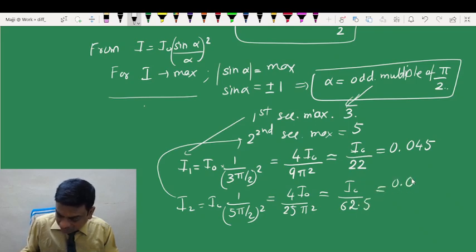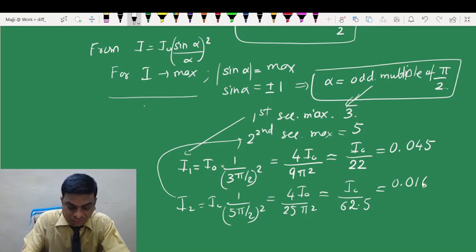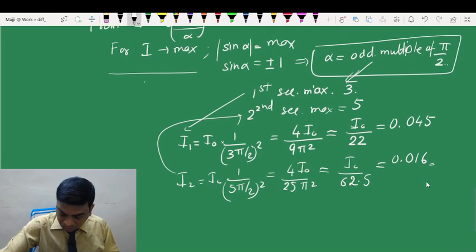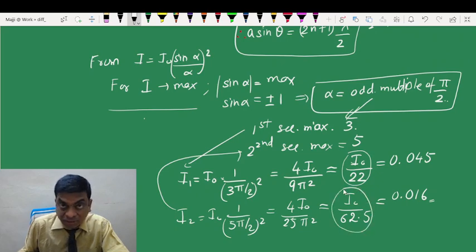So this is around 0.016 if I am not wrong. Let me check. Yes. So if I naught is the intensity of the central maximum, then the intensity of the first secondary maximum will be this, and of the second secondary maximum will be this. You can see they are very, very small.